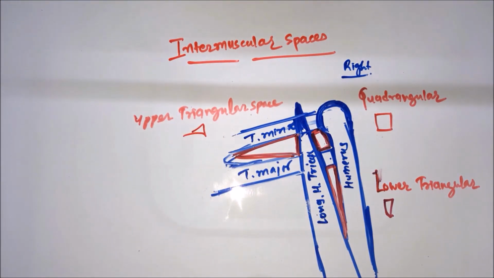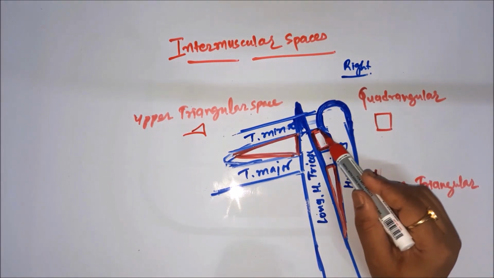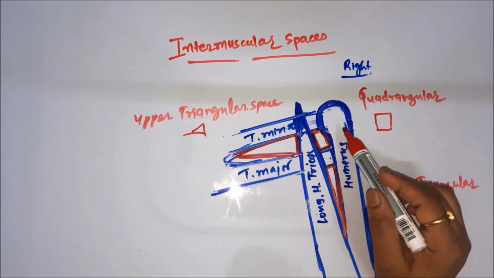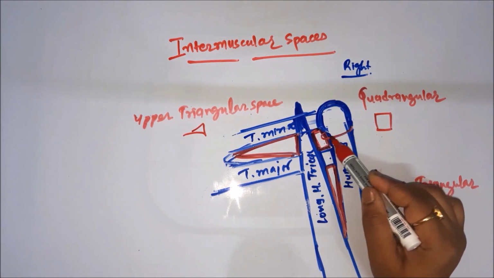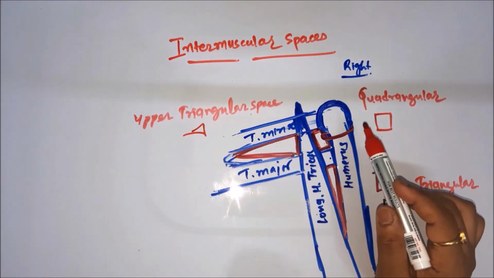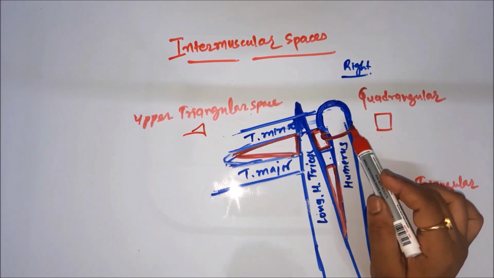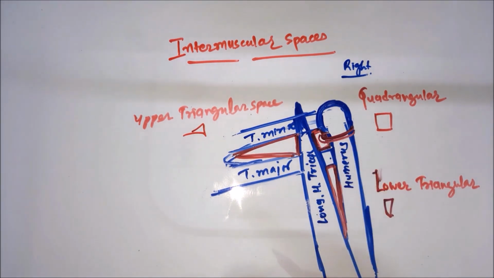Now the structures present within these spaces. First, the quadrangular space. You can see here the neck of the humerus, and it is related with the axillary nerve. The neck of the humerus is also related with the circumflex humeral artery, which is a branch of the third part of the axillary artery.